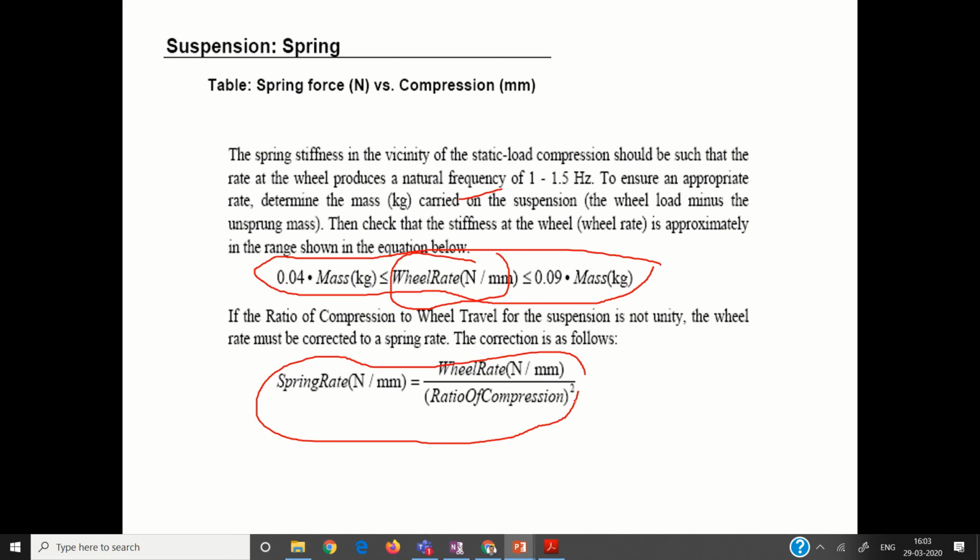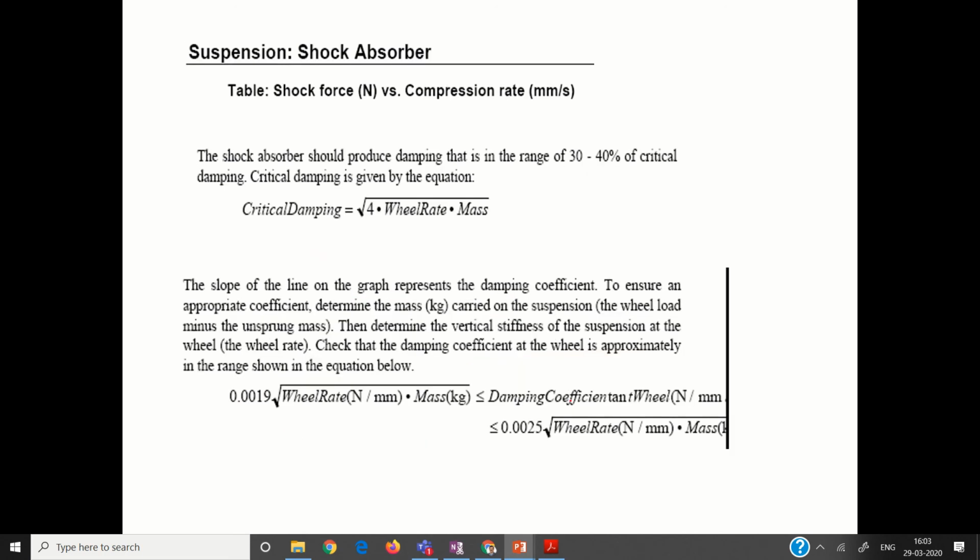So these are some of the hints that are given where it should be. Critical damping, what is the value it's talking about, where exactly the damping coefficient must lie, right?